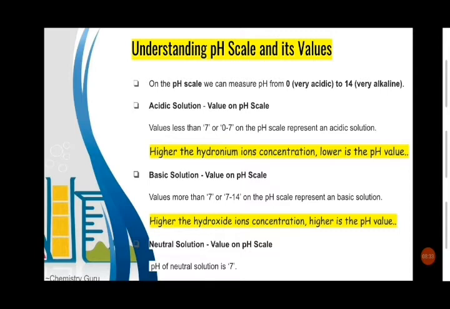Next is the neutral solution. The value on the pH scale for a neutral solution is 7.